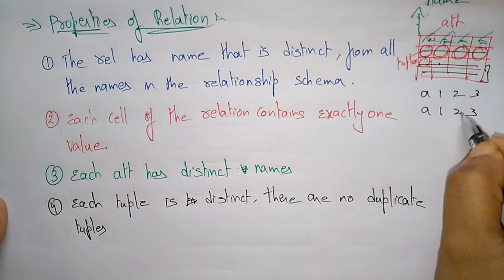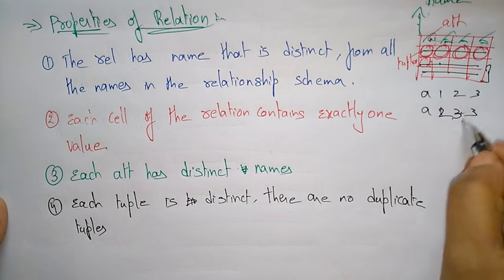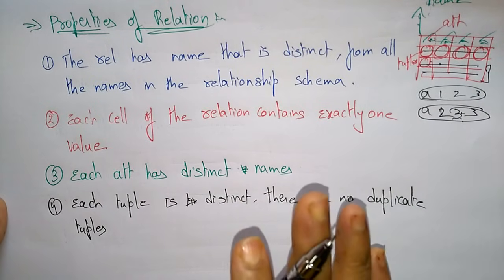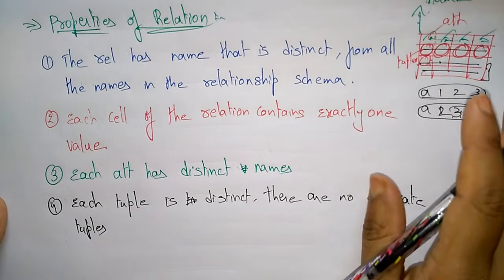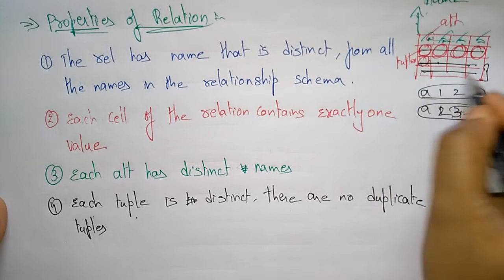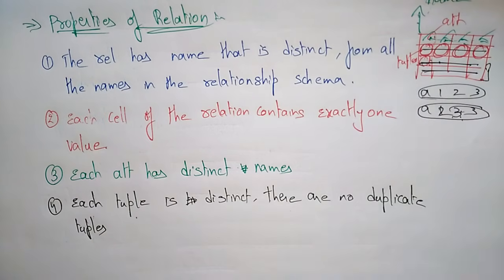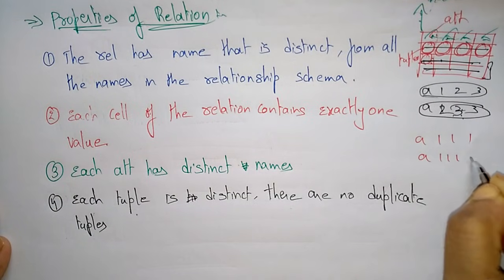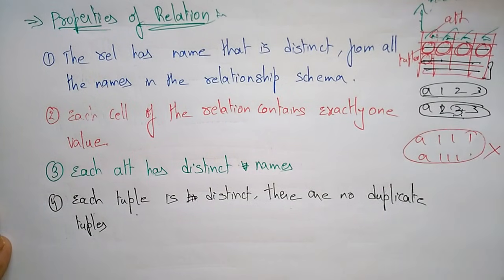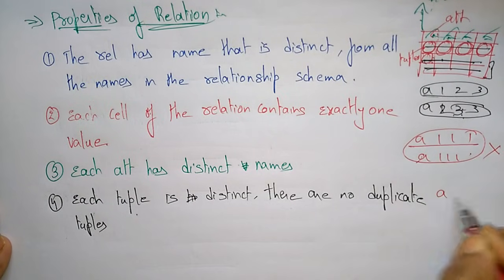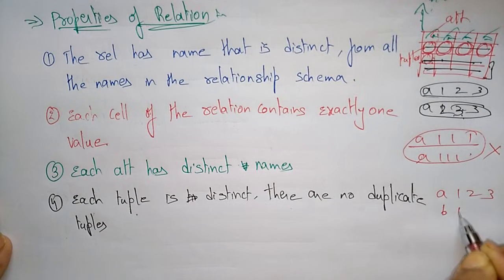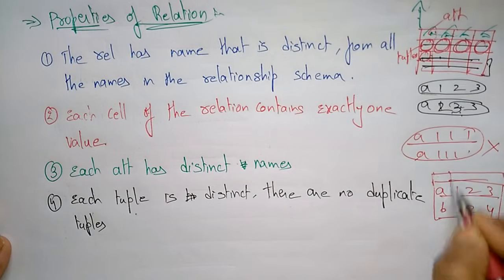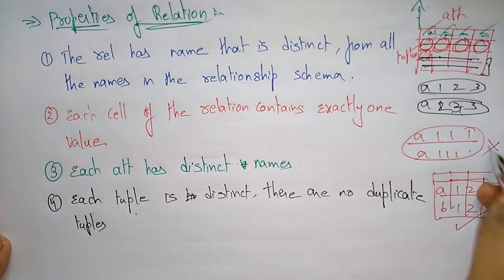The values may change, but the same tuples should not be there in a table. That should be taken care of while you are creating tables. Each tuple is distinct, there are no duplicate tuples. Meaning A, 1, 1, 1 and A, 1, 1, 1 is not possible in 2 rows. Suppose you take A, 1, 2, 3 and again B, 1, 2, 4; this may be possible in a table. But the duplicate is not possible.